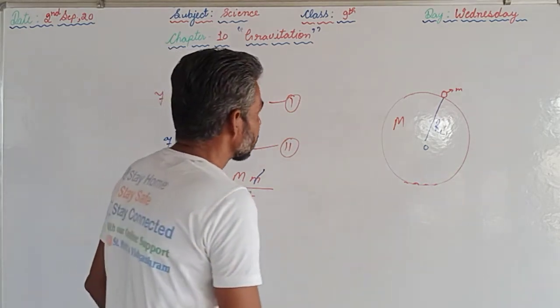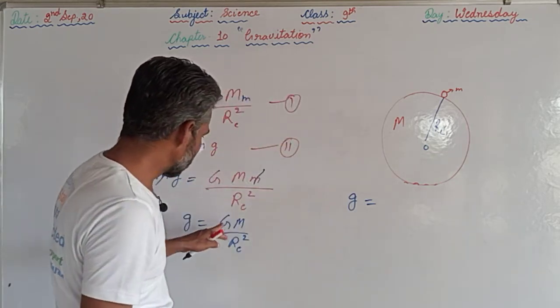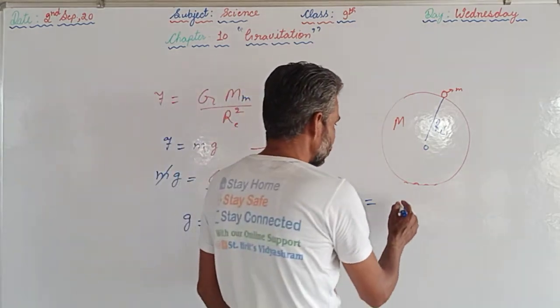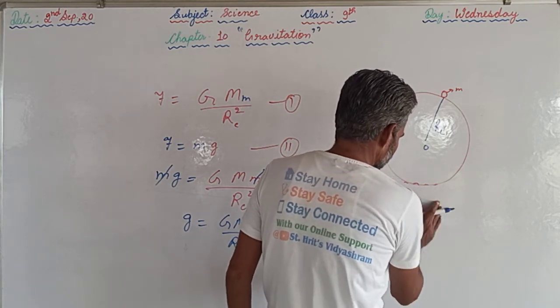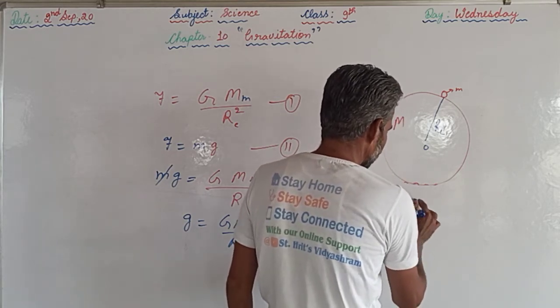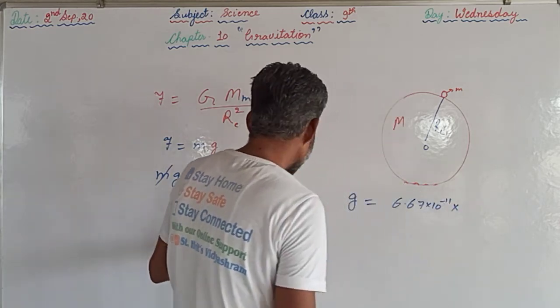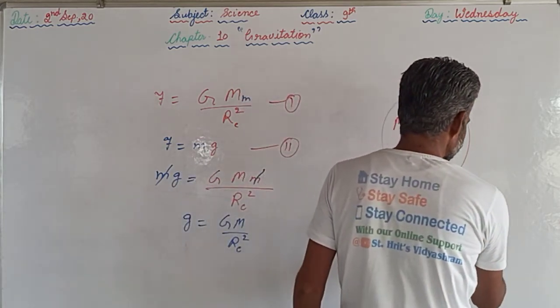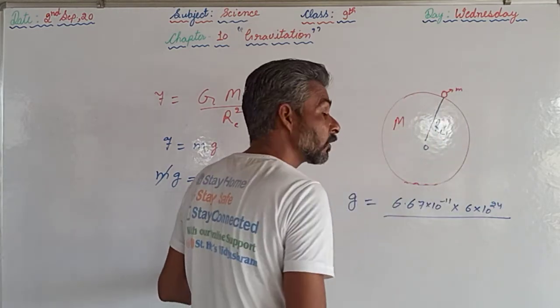So small g will be equal to capital G, which is 6.67 into 10 raised to power minus 11, into the mass of the earth, 6 into 10 raised to power 24, divided by the radius of the earth square.